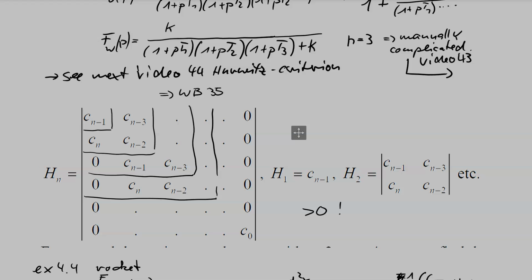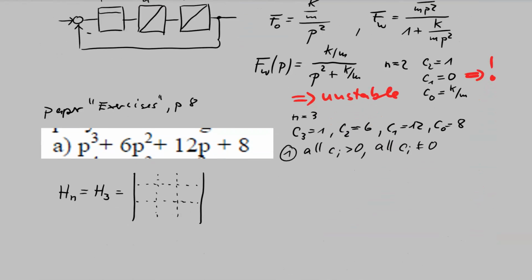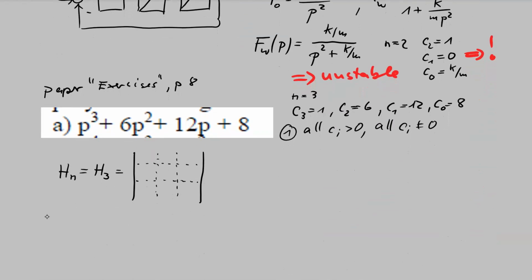Start with Cn minus 1. If n is 3, this is C2, C0, and this is C3 and C1. So I write down, starting with the second coefficient, 6, followed by 8. Then there are no other coefficients, so the next is a 0.